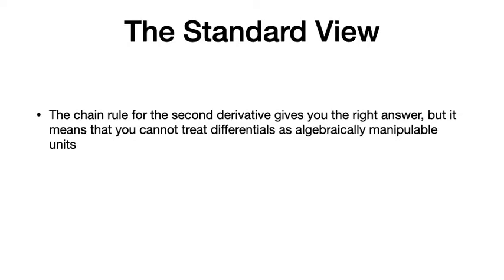Well, here's the standard view. The standard view says that the chain rule gives you the right answer, but this means that you can't treat differentials as algebraically manipulable units. The reason you're getting the wrong answer is that the second differential of y over the differential of x squared is not actually a ratio, and therefore you shouldn't expect to be able to treat it as one.